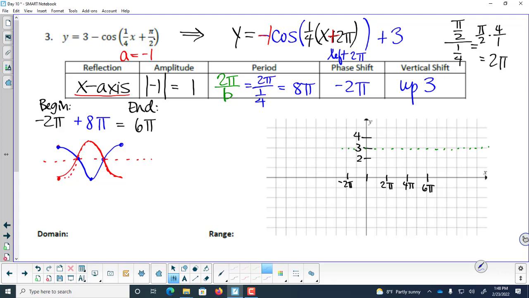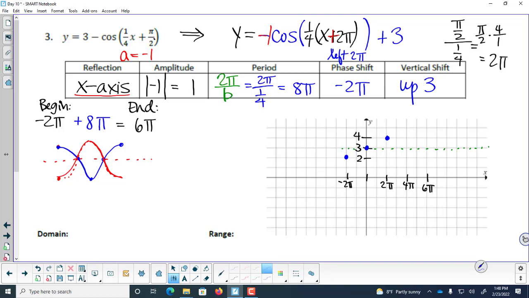Go to the beginning of the cycle, and we are going to start at the min. So here at my phase shift, that's the beginning, I'm at the minimum value, which is 2. Then I go to my next tick mark, the quarter, and remember you have to cross the midline before you can go up to the top. The middle is 2 pi, I'm up at the max.